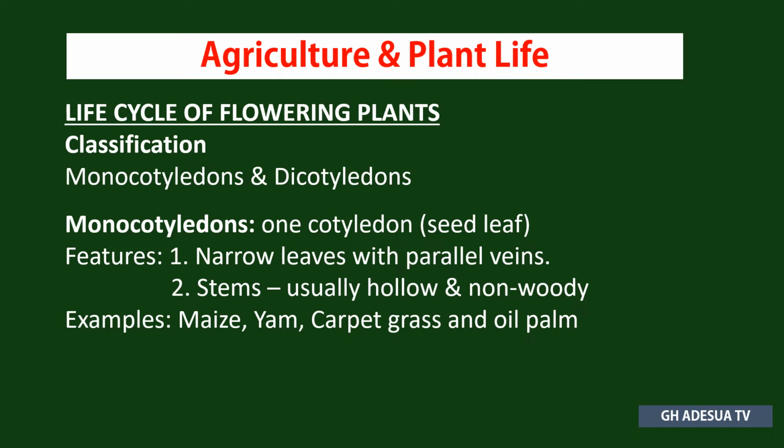That's how the leaves of maize or monocotyledons are. Their stems are usually hollow and non-woody. If you take the same maize, you see that the middle of it is a little fluffy, with some strings inside, so it is non-woody. Examples include maize, yam, carpet grass, oil palm, other grass kinds, etc.